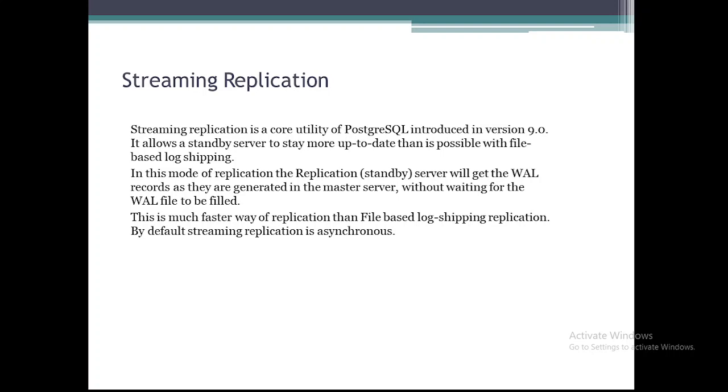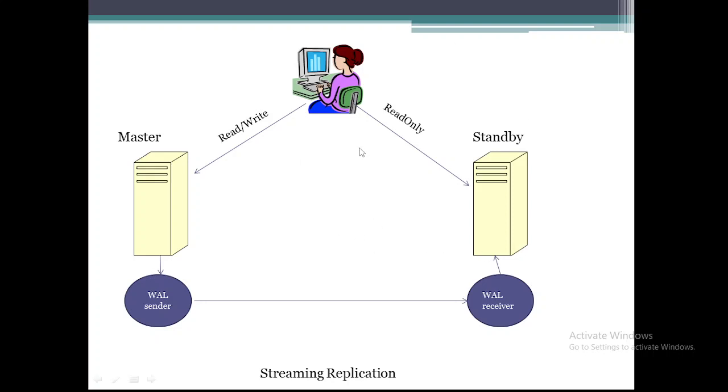But in synchronous mode, the master sends its WAL records to the standby server and then waits for an acknowledgement from the standby server or servers, to confirm whether they have applied the changes or not. Once the master receives the acknowledgement, it goes on to the next. That is synchronous mode, but it takes much more time. So asynchronous mode is fine for replication. This is how it works.